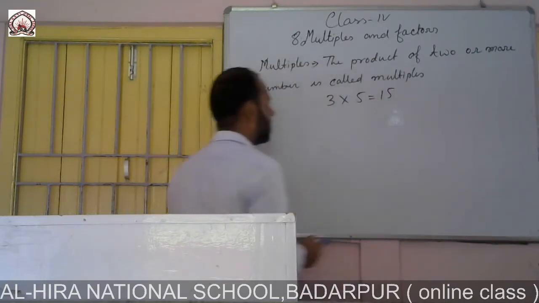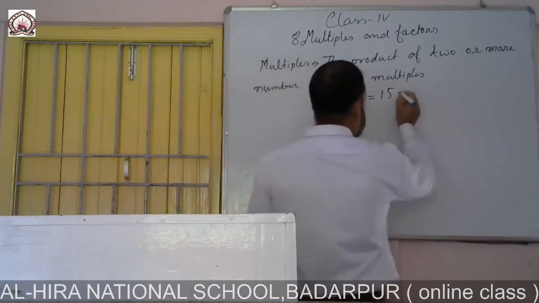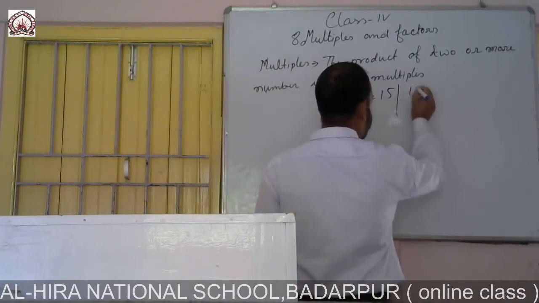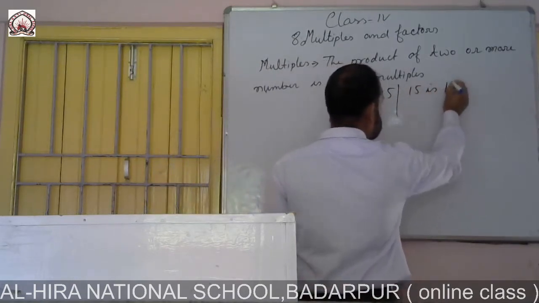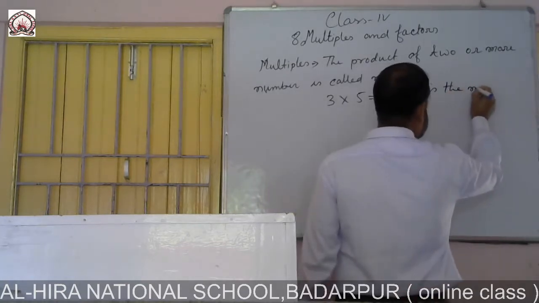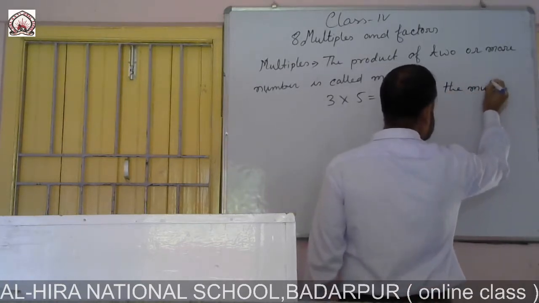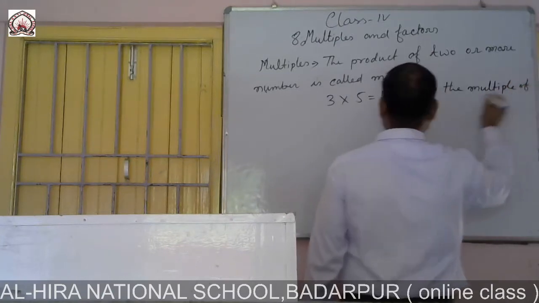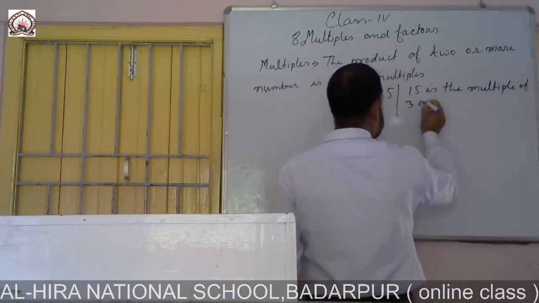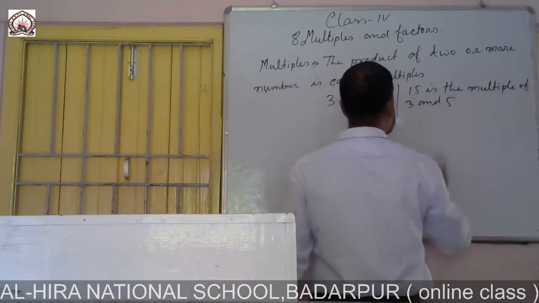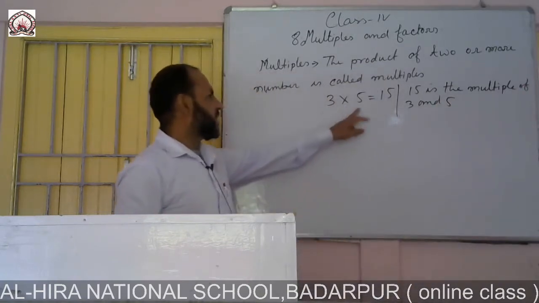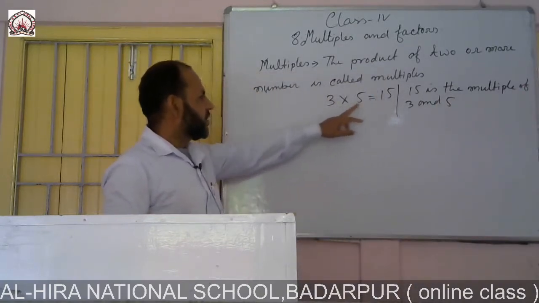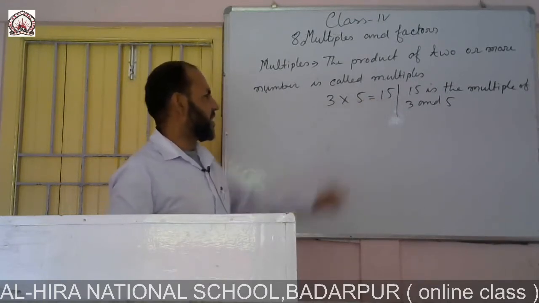So here 15 is the multiple of 3 and 5. 3 5s are 15. So 15 is the multiple of 3 and 5.